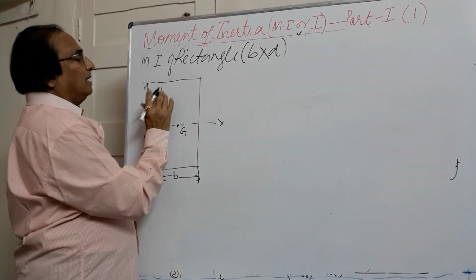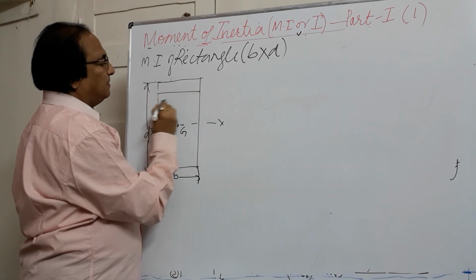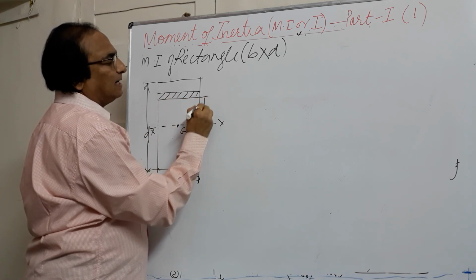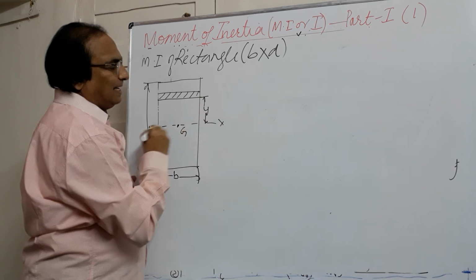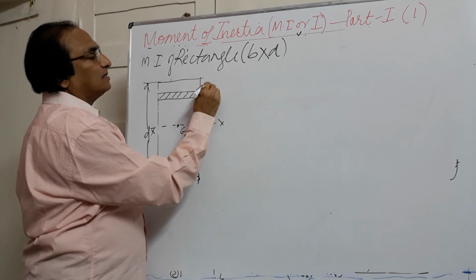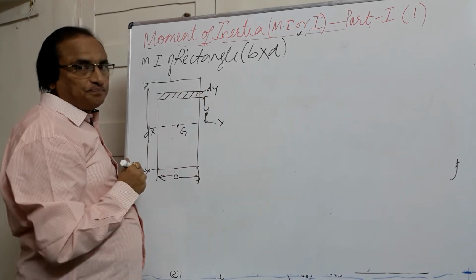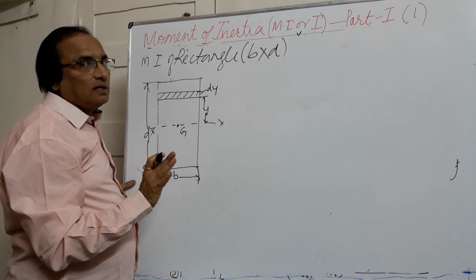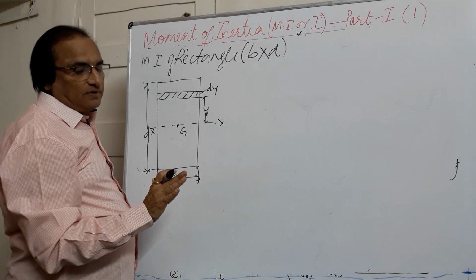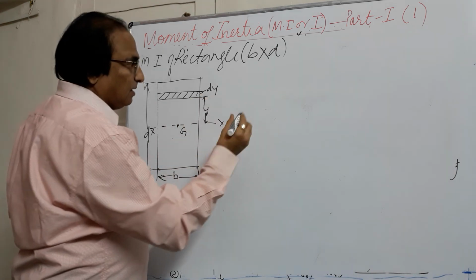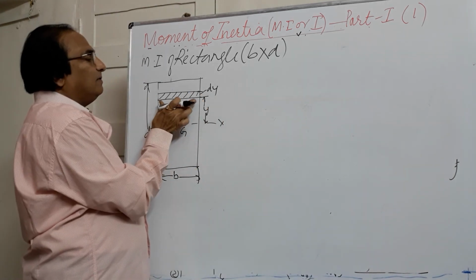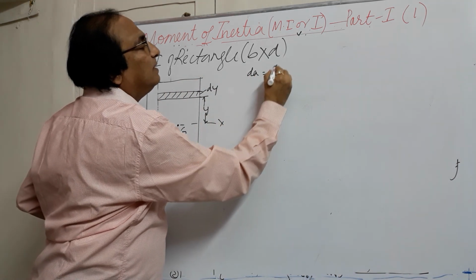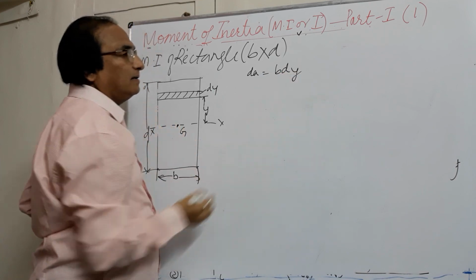Now here, let us consider an elemental strip at a distance of y from the axis. Let the thickness of this be dy. So area into square of the distance will give you the moment of inertia. So what we'll do here is, we'll take the area. Area dA will be B into dy.